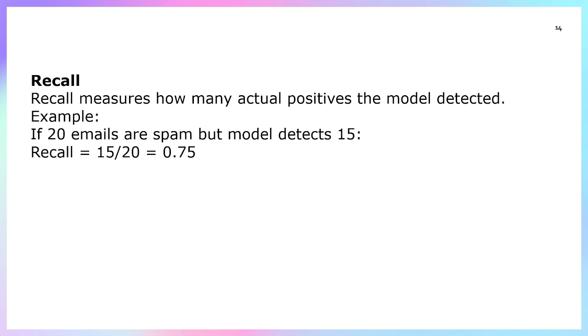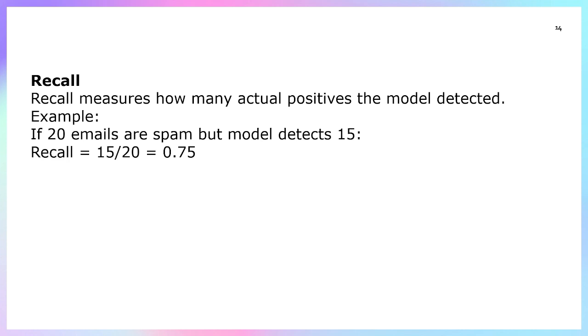Now come to recall. I will also discuss recall and precision later on in this slide as well, but let's come to recall now so that we can interlink each other, right? Recall is the output of all actual positive cases, divided by true positive plus false negative.